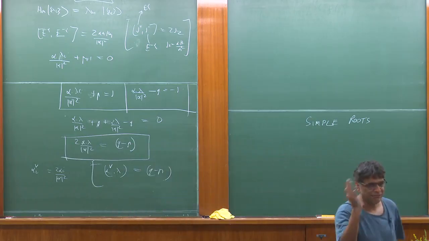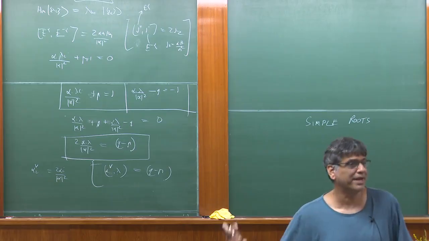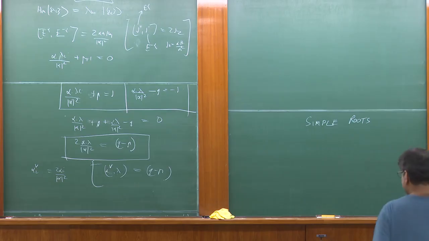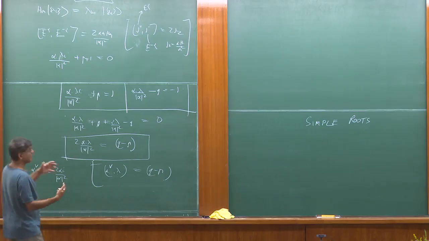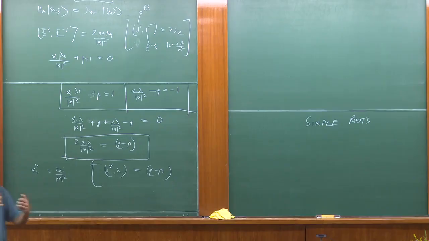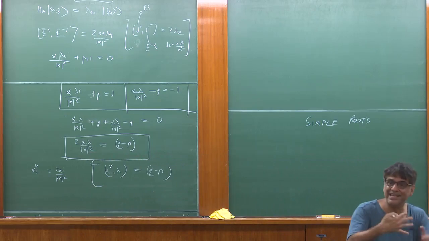Like roughly n squared minus 1 by 2, if you count only the positive ones, in the case of SU(N), compared to n minus 1, can be much larger if n is larger than 1. But we've also seen that the various roots have alphas that are linear combinations of each other.